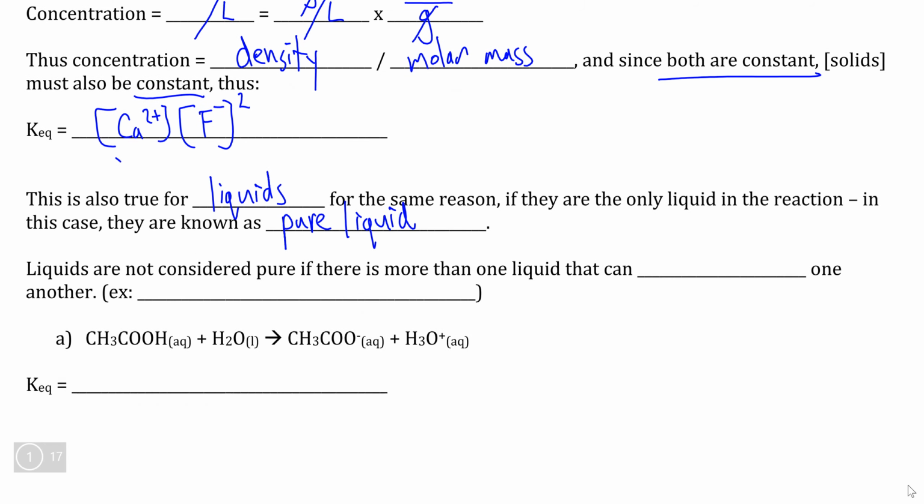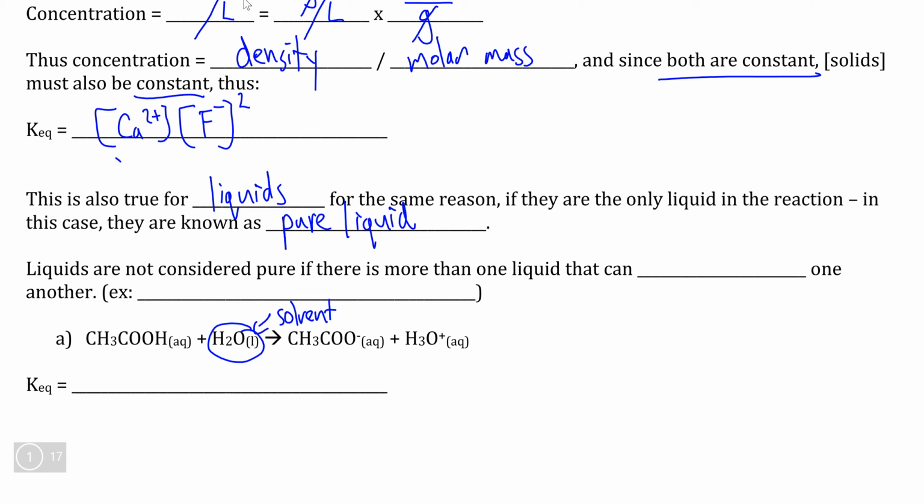So if we were to write the KEQ expression for this acid ionization here, we would not write the concentration of water at all, because we know that water is our solvent, and again, there's no meaningful way to measure its concentration because it's constant.